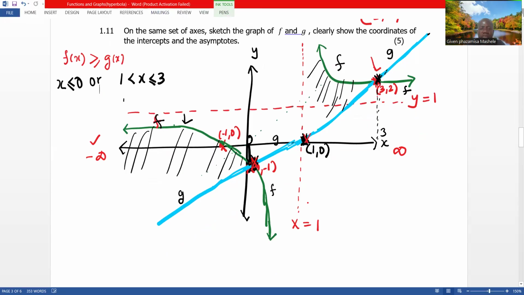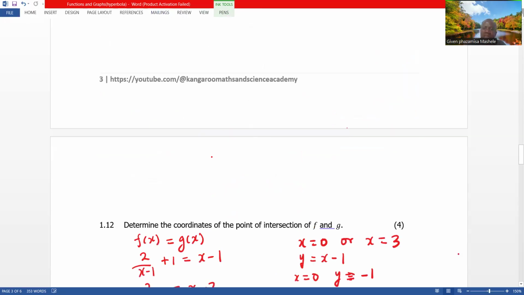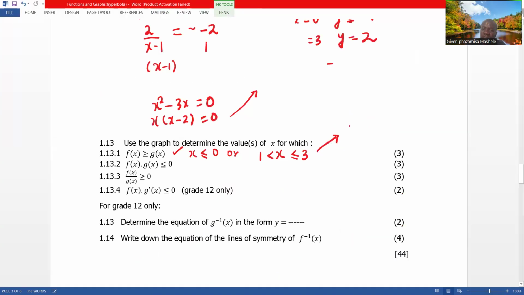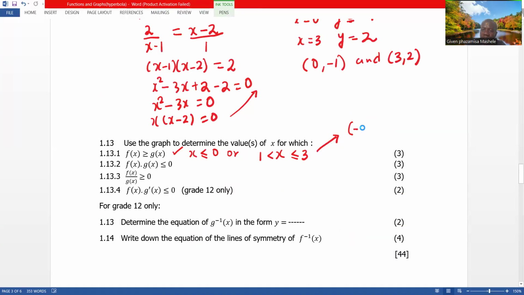So we can write it that way: from negative infinity, excluding infinity because we don't know what that is, up until 0 inclusive, or open bracket, not including 1, up until 3, but including 3. So you can also write it in this way.